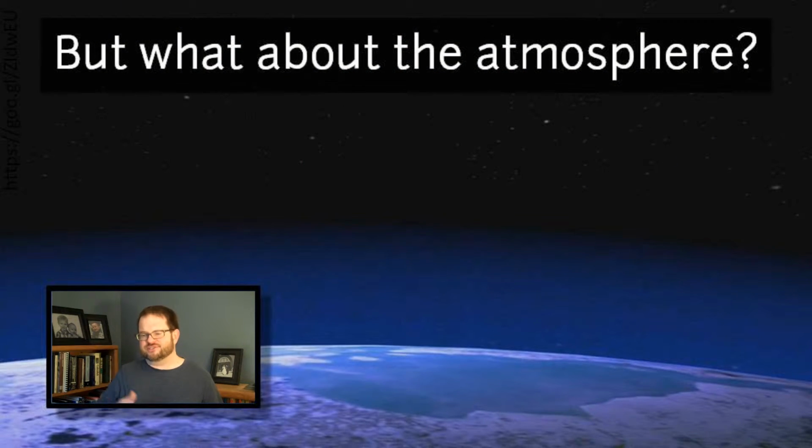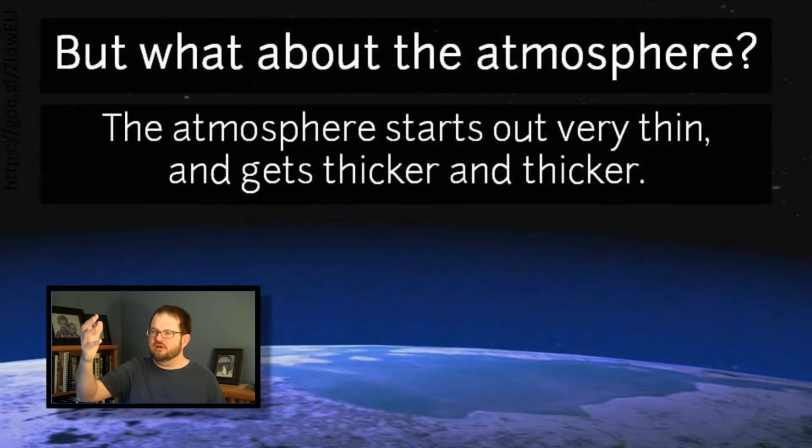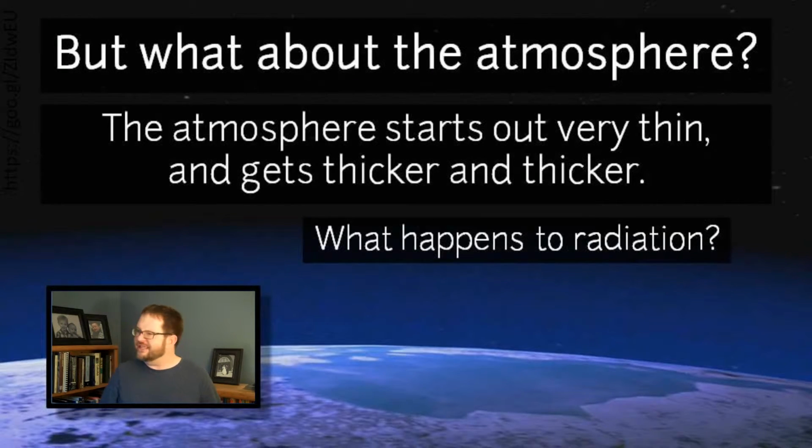The atmosphere is just gases. If you're talking about solar radiation coming from interplanetary space, it starts hitting the very top of the atmosphere where there are just a few molecules, and it starts out very thin. As the radiation penetrates farther and farther into the atmosphere, it's hitting thicker and thicker gases, as the atmosphere gets denser and denser. That's very different than hitting a surface.